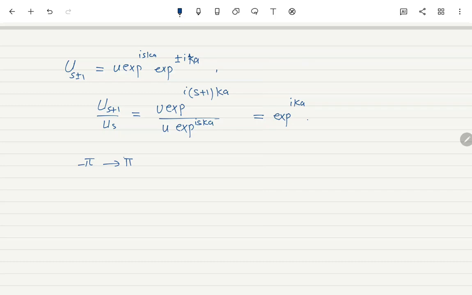Notice that the range minus pi to pi for the phase Ka covers all independent values of the exponential. So in this case here, Ka is greater than minus pi and less or equal to pi, or we can say that K is greater than minus pi over a and less or equal to pi over a.